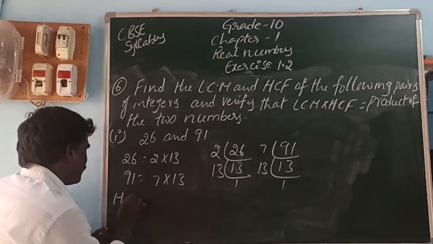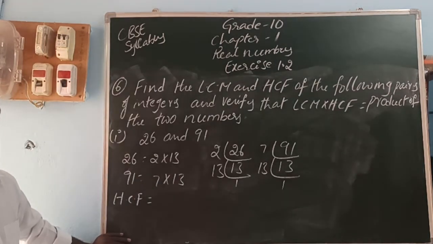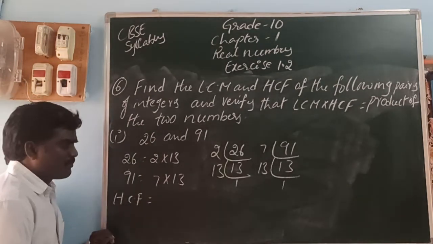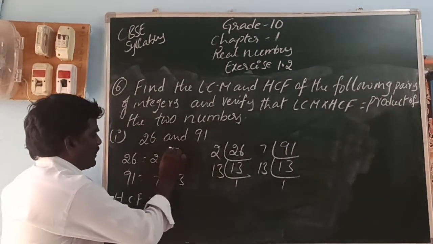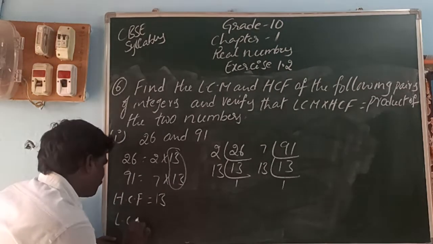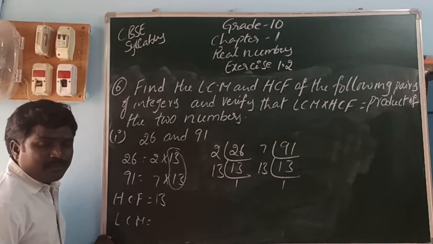So HCF. Here what is the HCF? The least multiple of common prime factors. In these two, what is the common prime factor? 13. So here 13 is the HCF. Next, LCM is the highest multiple of all prime factors. Here how many prime factors are there?